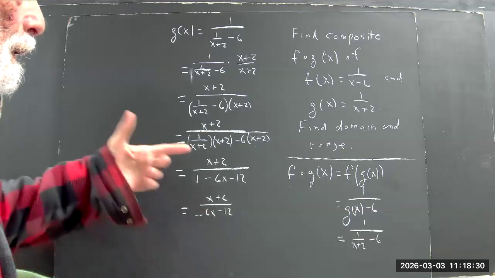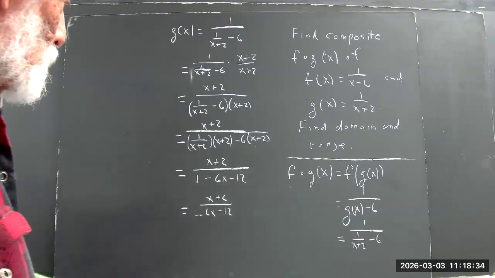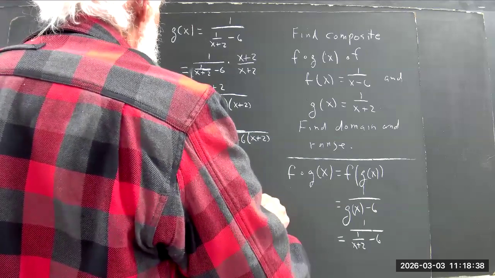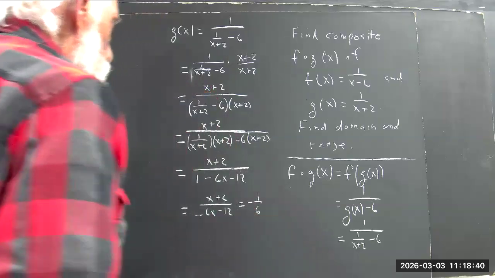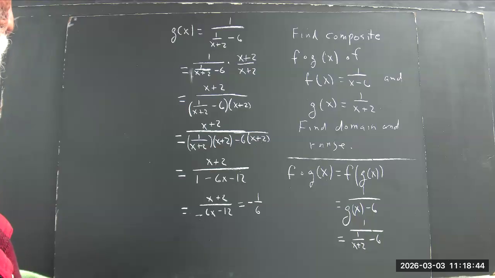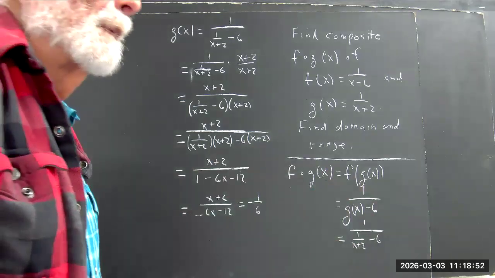Negative 6x minus 12 is a multiple of x plus 2. So this equals negative 1/6. Okay. I wondered how I could have anticipated that. Maybe I should have worked that out before I did it.